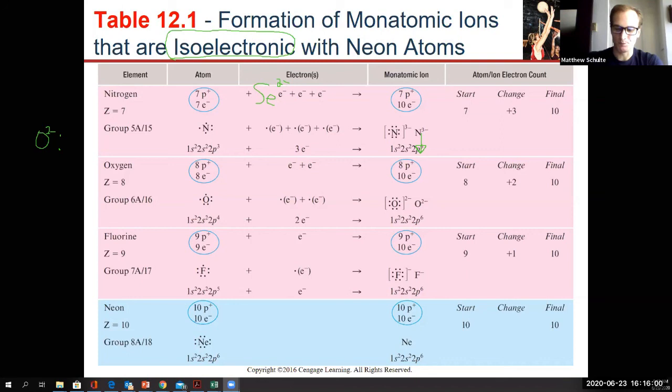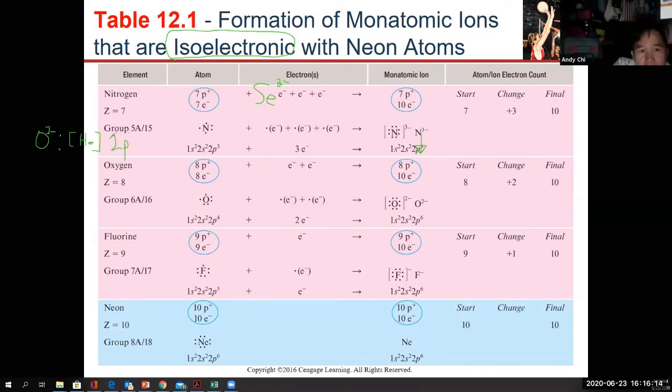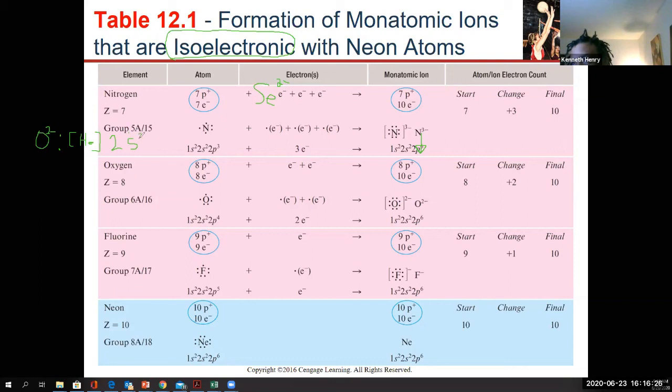Brackets, HE, 2s2, 2p4. So that would be oxygen. So what would it be for O2 minus? The same thing. You just add 2 to the 2p4. It'll be 2p6.